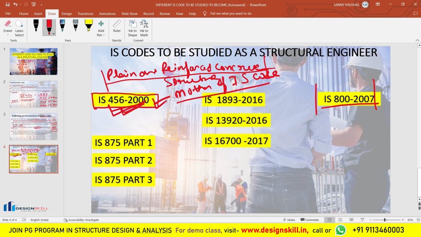So it becomes very important to learn this code first of all. You have to be thorough about it. All the clauses, all the points should be well understood by a structural engineer. In this code, they have explained both the construction point of view and the design point of view.